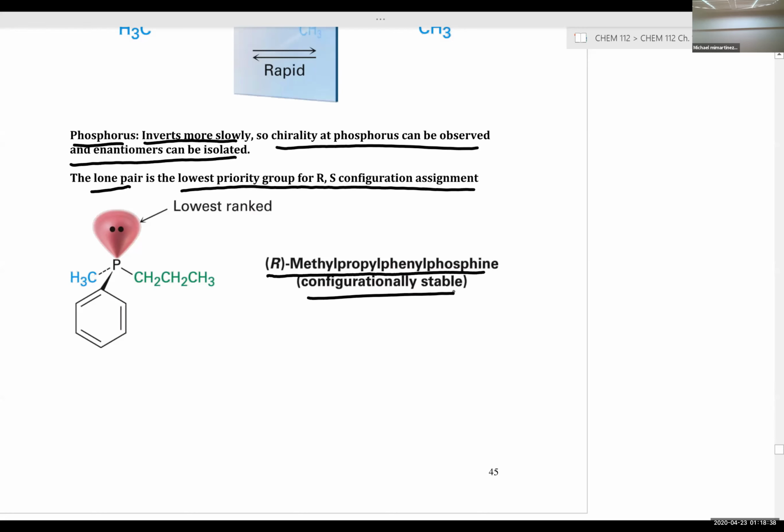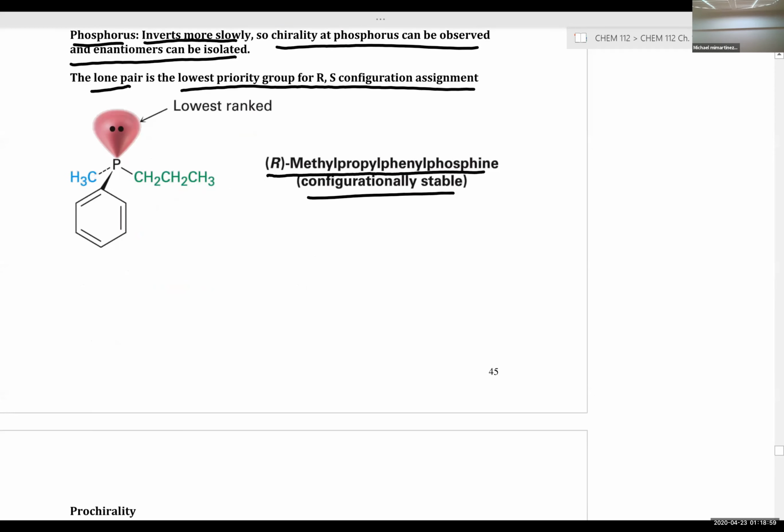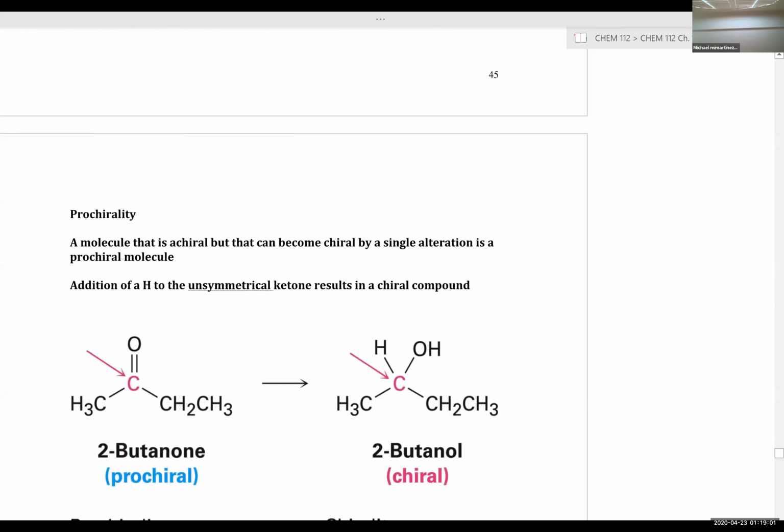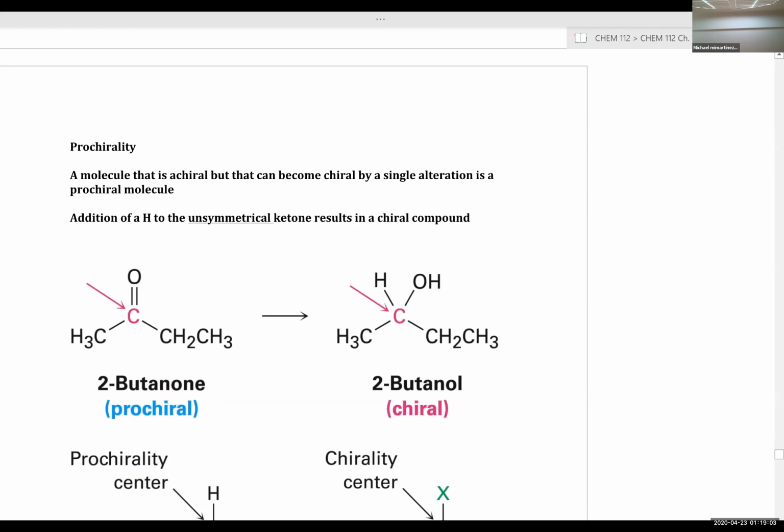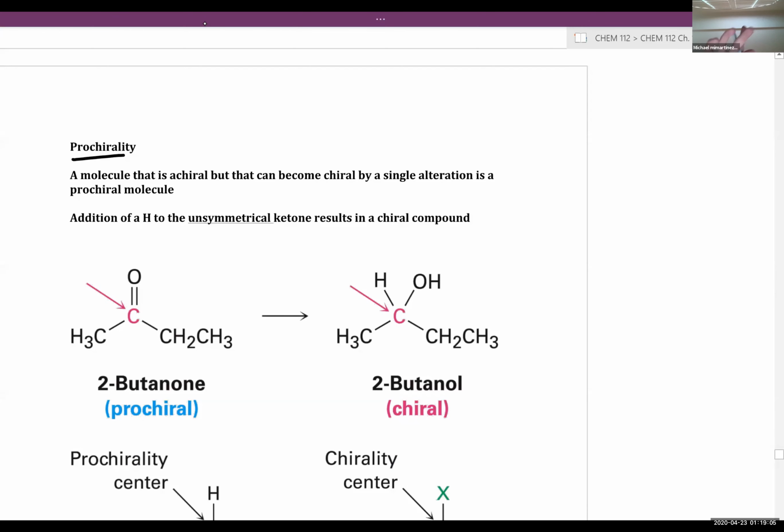It doesn't interconvert. Don't worry too much about assigning R and S for phosphorus. Phosphorus-based ligands are very useful for chiral catalysis, and you'll see them in upper division organic courses. So chirality can exist at non-carbon atoms. That's the main takeaway.